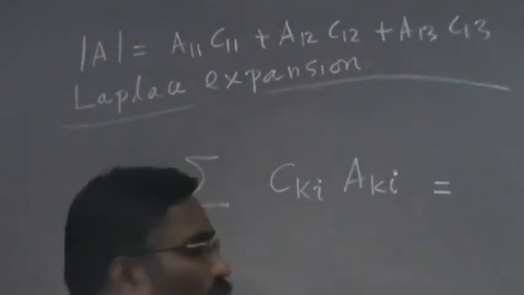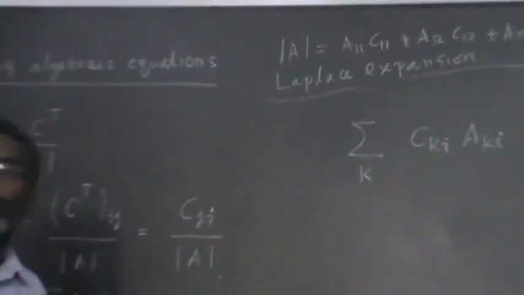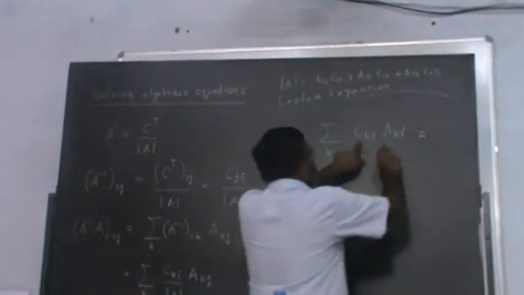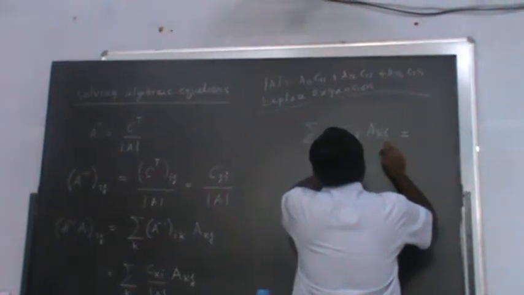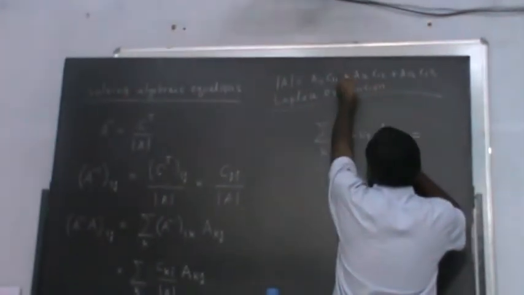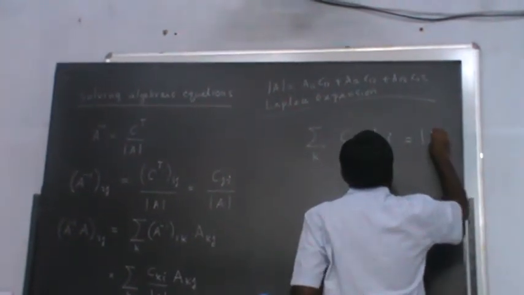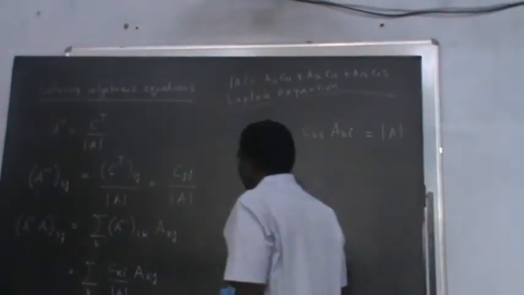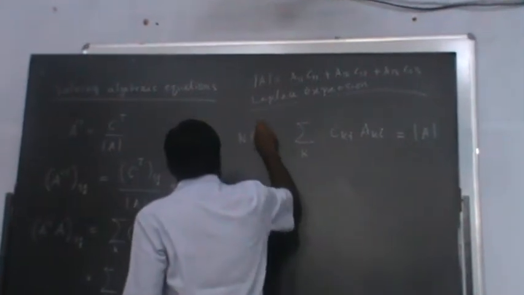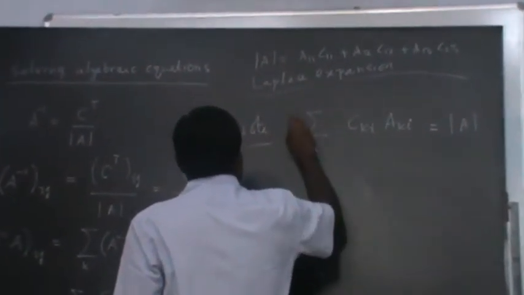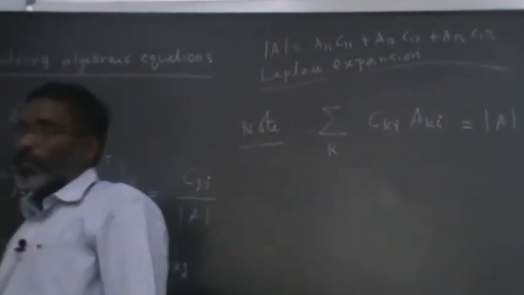What will this be equal to? It's the determinant of A, because k is varying and i is fixed. It's like one fixed column. This is actually the determinant of A. So note this. Note that this is equal to the determinant of A.